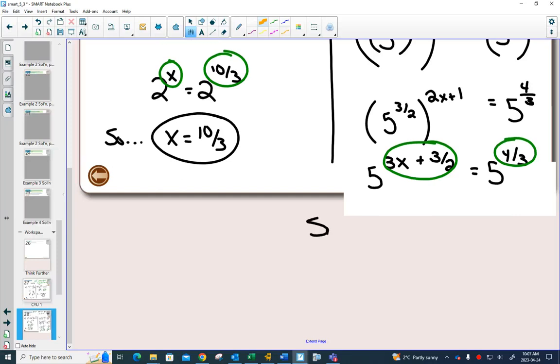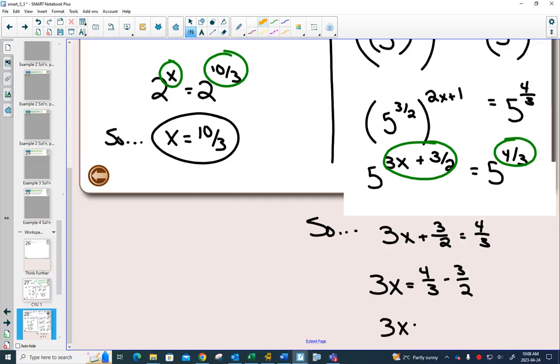So I can write, so 3x plus 3/2 has to equal 4/3. I have to use my exponent rules. Get a common denominator, so this will be 8/6 minus 9/6 will be negative 1/6.